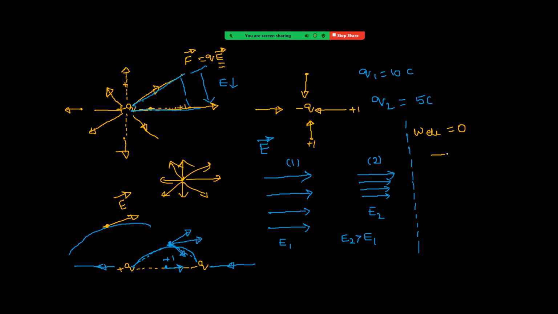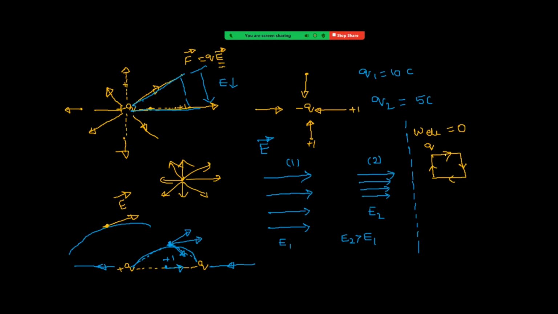Okay. For example, I am taking this as a field line. The arrow is indicating the direction of the field. Suppose we are taking a charge Q along the field line like this.